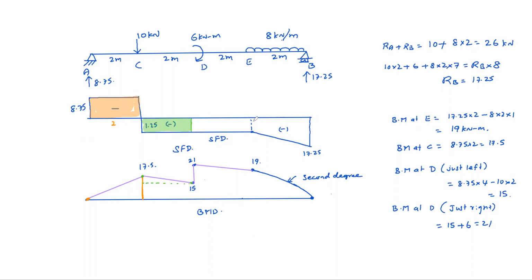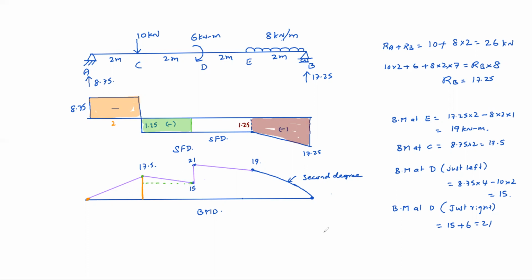In between E and B, what is the area of this? This one is 1.25 and 17.25. Average is how much? So total is 18.5. 18.5 by 2 into 2.